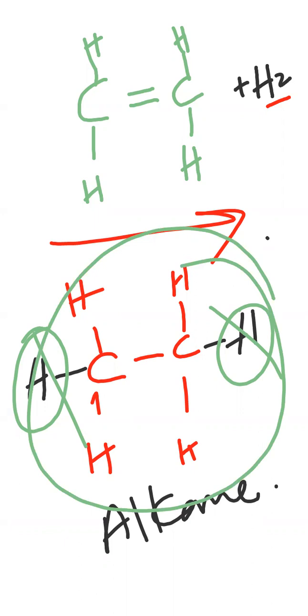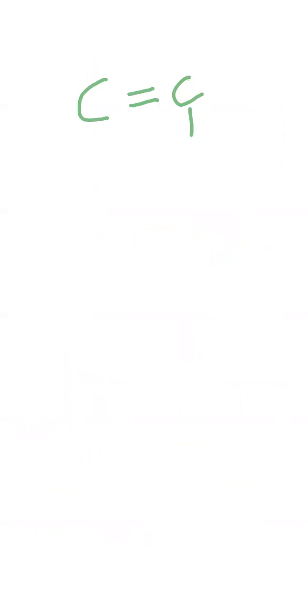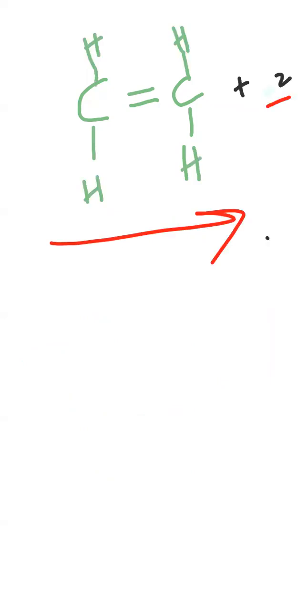Other than this, we have to move to the alcohols now. For example, instead of hydrogen, if you have chlorine gas, or let's react it with HCl, hydrochloric acid. I am reacting ethene with hydrochloric acid. There will be an addition reaction, meaning the double bond will break.